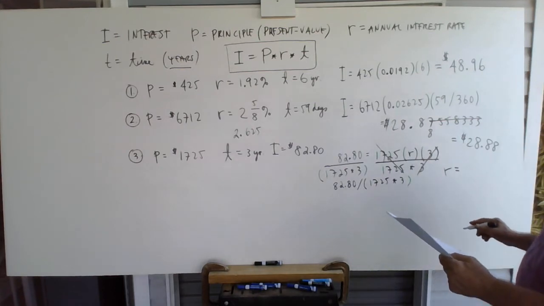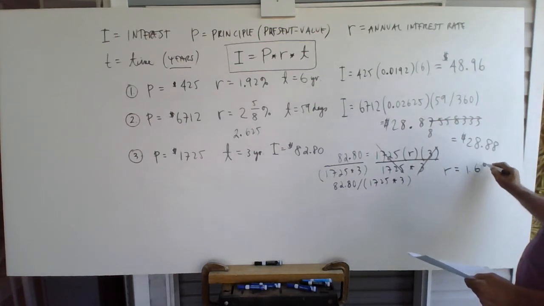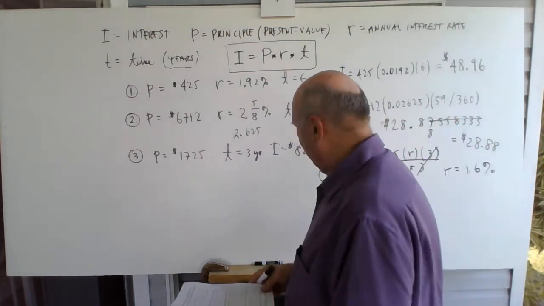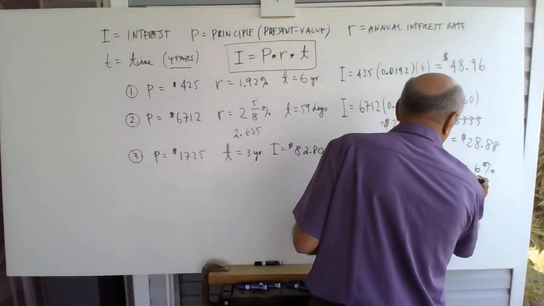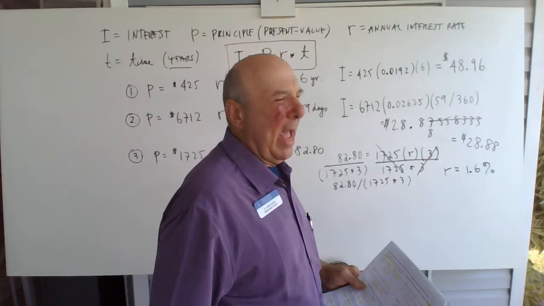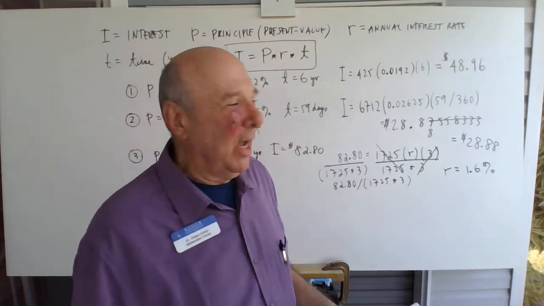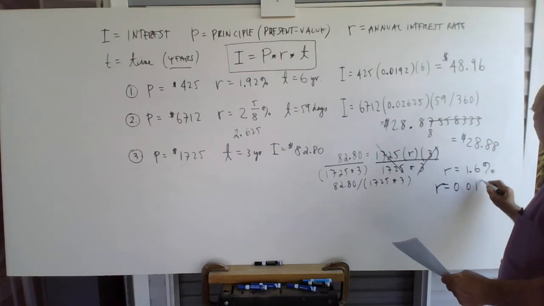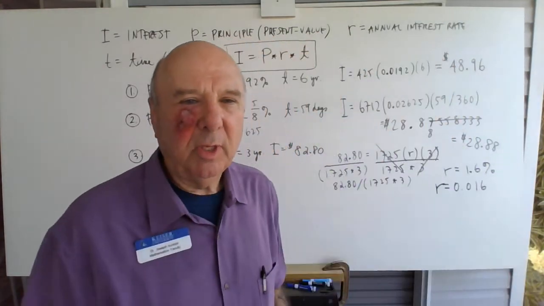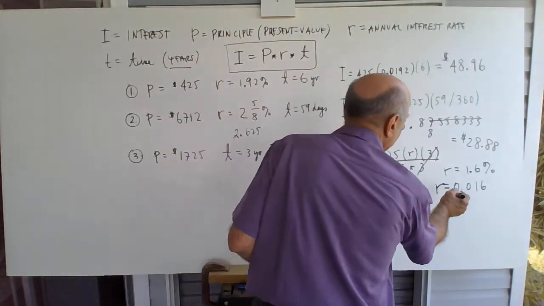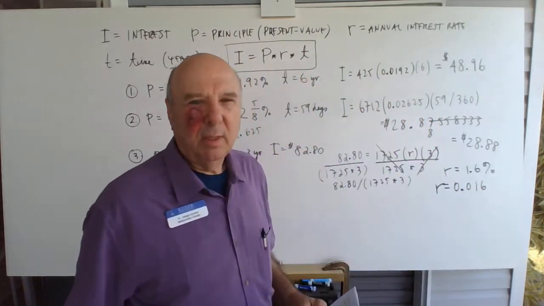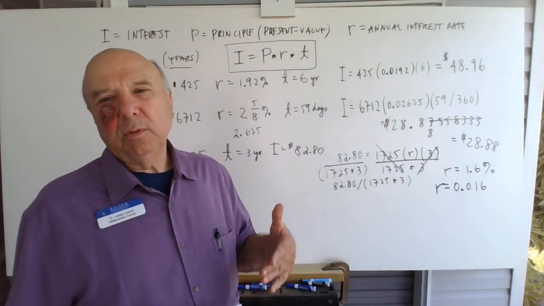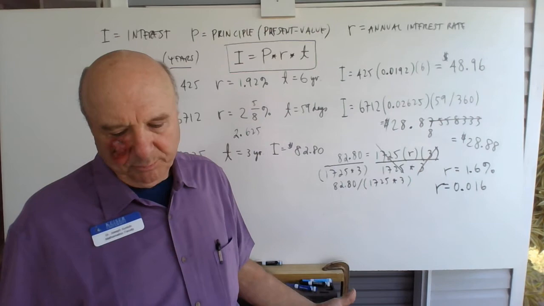So when you do this, you get 1.6%. Actually, what number would we have got? That's the number we would have got, 0.016. And so to change it to a percent, we move the decimal.